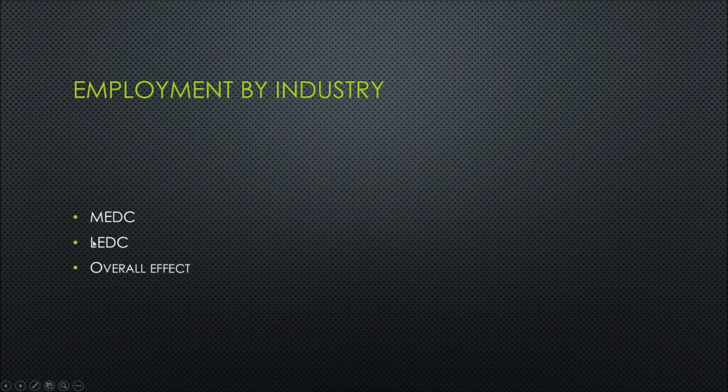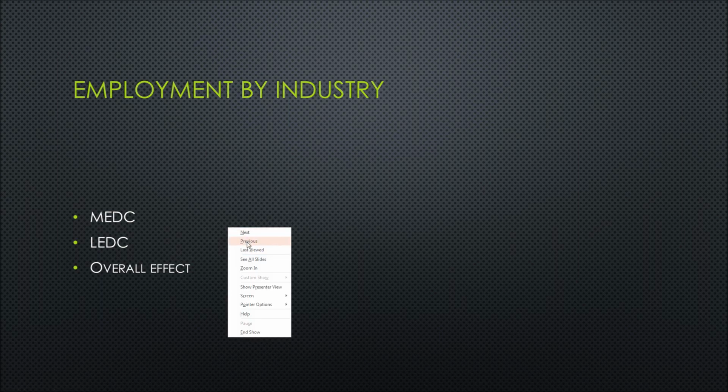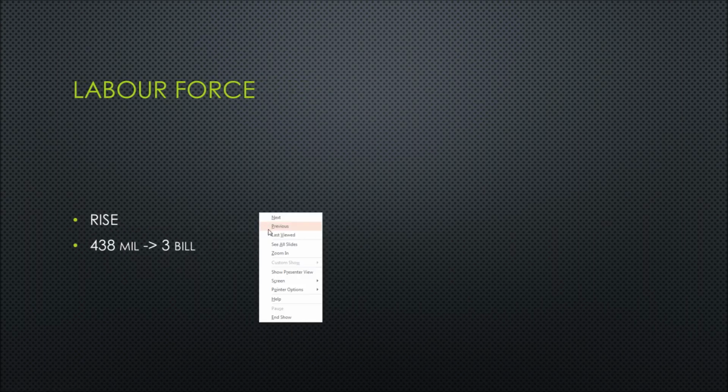However, in less economically developed countries, 61% of them work in agriculture, and this is the primary sector. The overall effect is that employment in primary sectors has decreased, secondary sectors has also decreased, and tertiary sectors has increased.